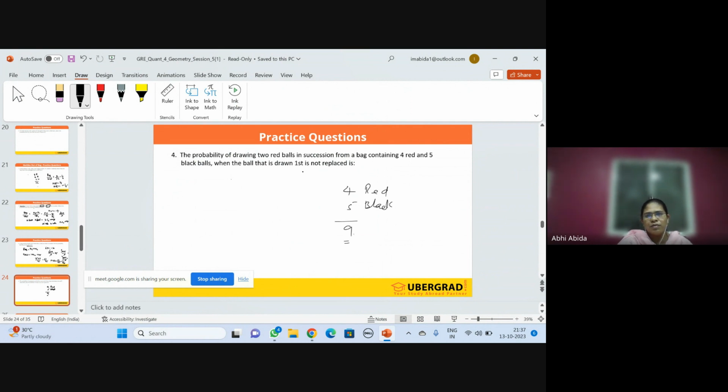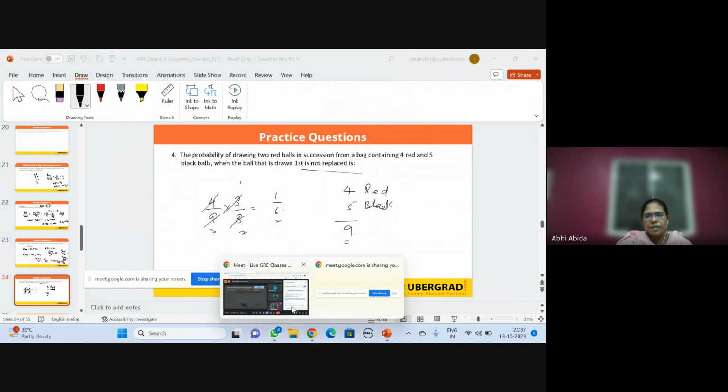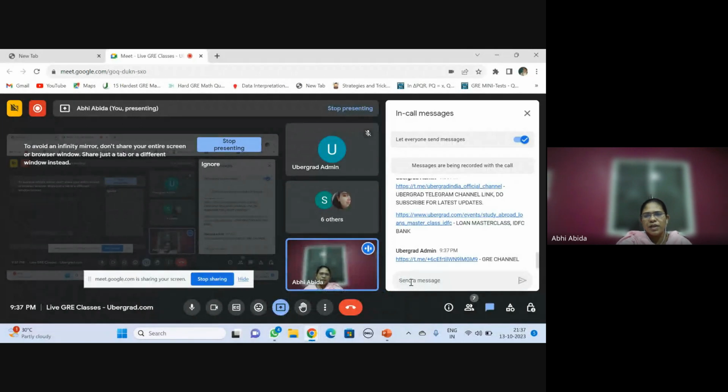The first ball drawn is not replaced. So that's nothing but 4 by 9 into 3 by 8. 3 ones, 3 threes, 4 ones, 4 twos. So finally the answer will be 1 by 6.